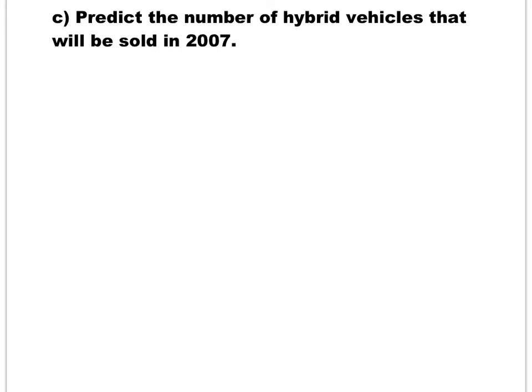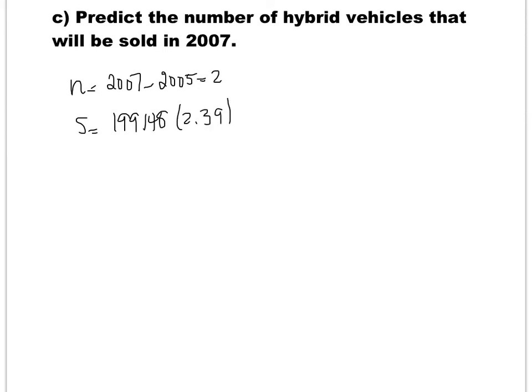The next part of the question says, predict the number of vehicles that will be sold in 2007. Now in this case, n is 2007 minus 2005, which is going to be 2. So S is 199,148 times 2.39 exponent 2.